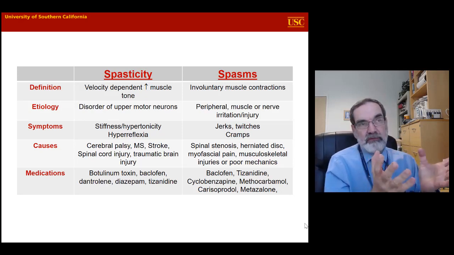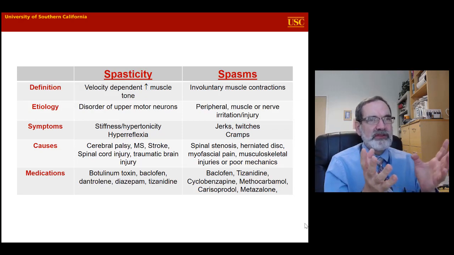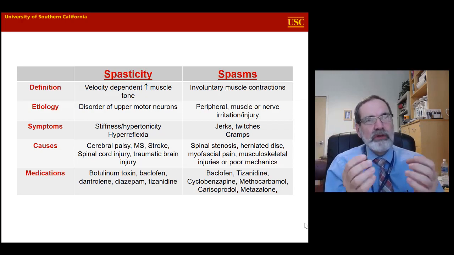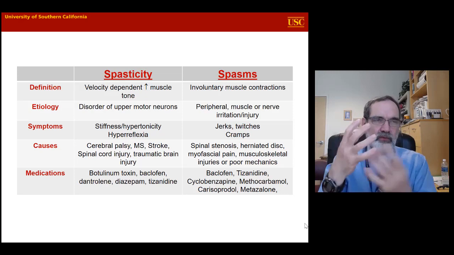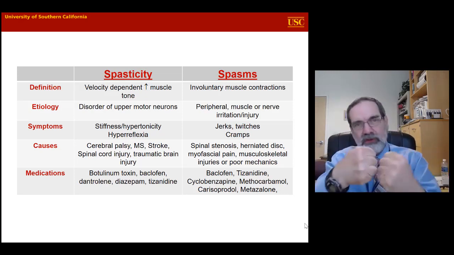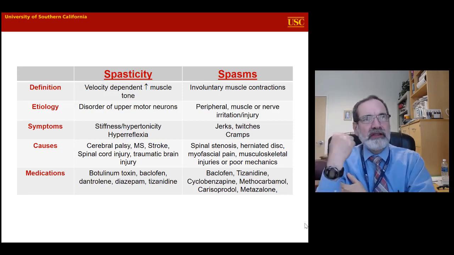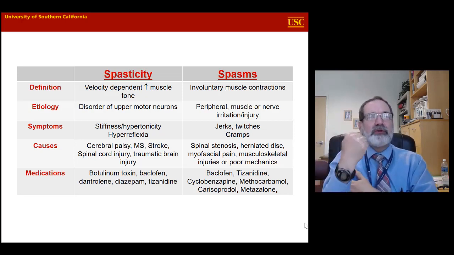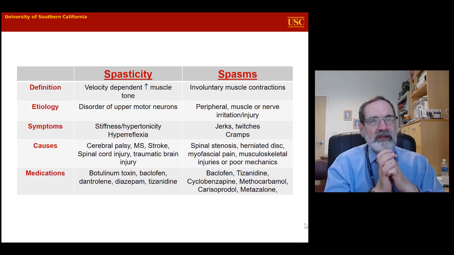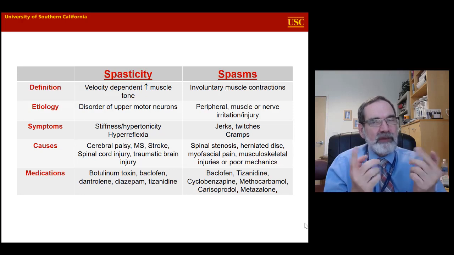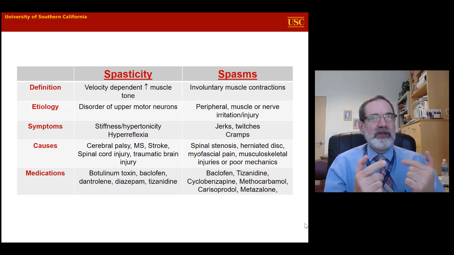So we often look at this when we examine patients for spasticity. We will move a limb quickly. We'll grab the limb and we'll move it quickly, and we'll feel a cog-wheeling rigidity, a boom, boom, boom, boom type of rigidity, which is the hallmark sign of spasticity. What causes spasticity? A problem in the upper motor neurons.